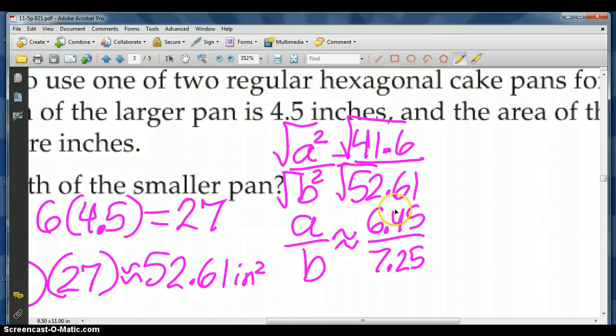Since my scale factor is set up as smaller to larger, then I need to set this up in the same way. So since I know the larger, that would go in the denominator here, and I want to find the corresponding length of the smaller, so in the numerator here, and then we cross multiply.